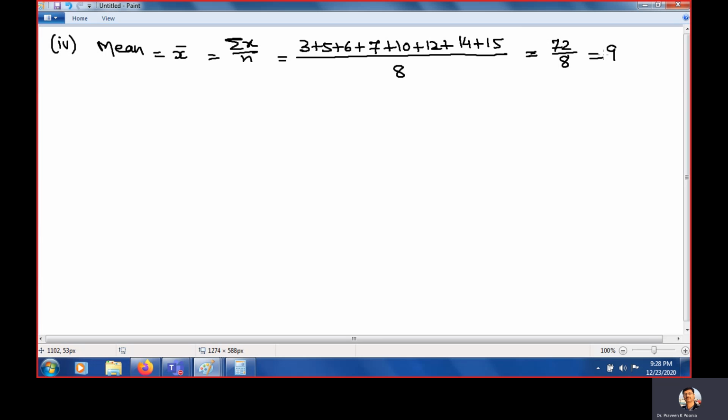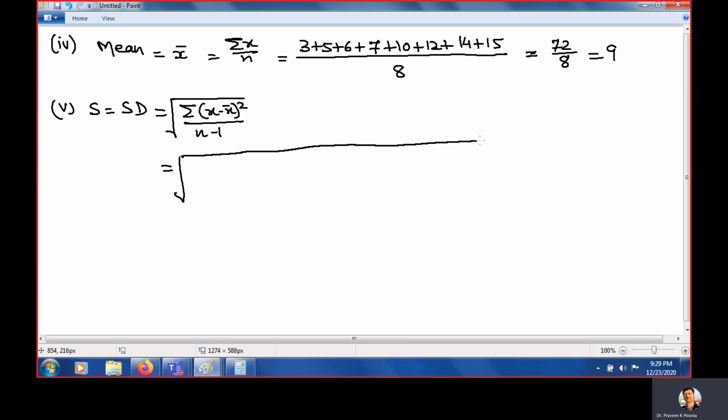Okay, so this is the mean. And the fifth one is S, standard deviation. And what is the formula? It is sigma, in case of simple data, upon n minus 1. And how to calculate it? First value is 3, what is the mean?